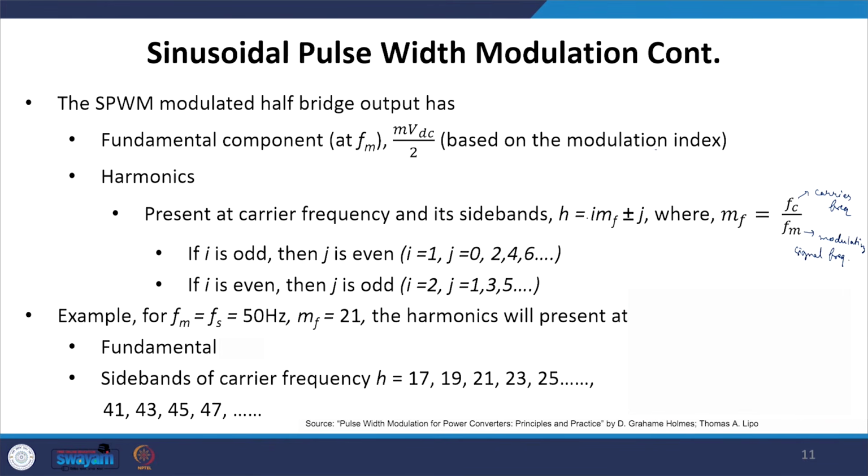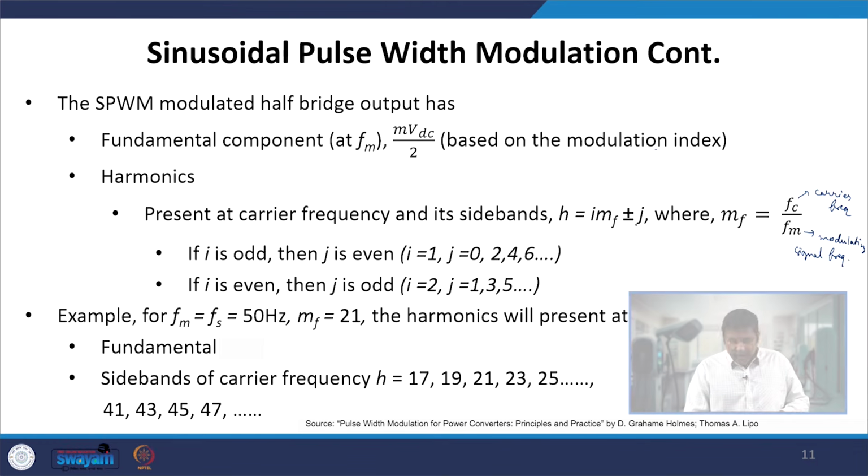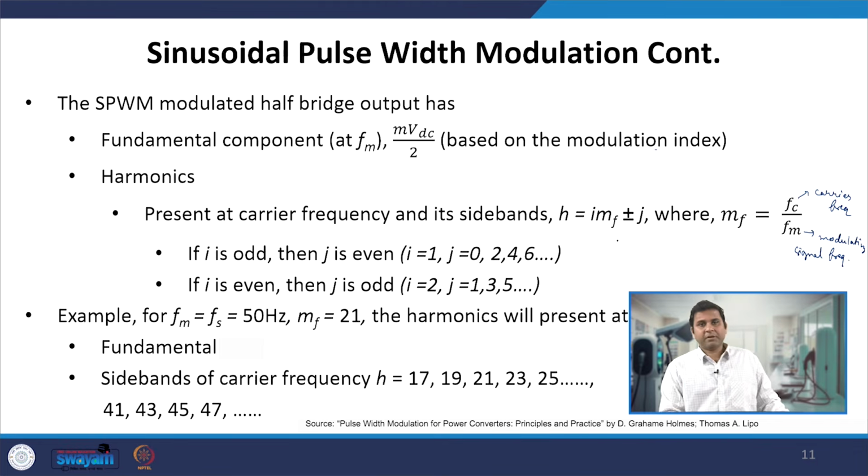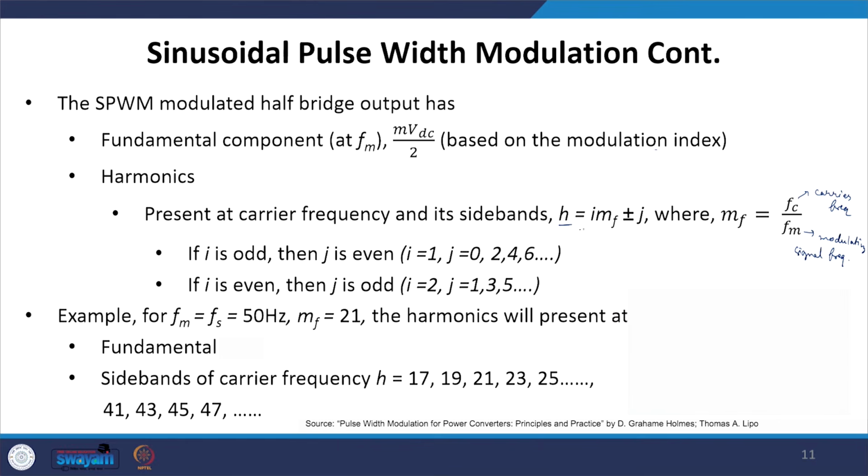Now it says that if I is odd, then J has to be even, and if I is even, then J has to be odd. That means if I equals 1, J should be 0, 2, 4, 6, and if I equals 2, J should be 1, 3, 5, and these are the harmonic numbers around which your harmonics lie.